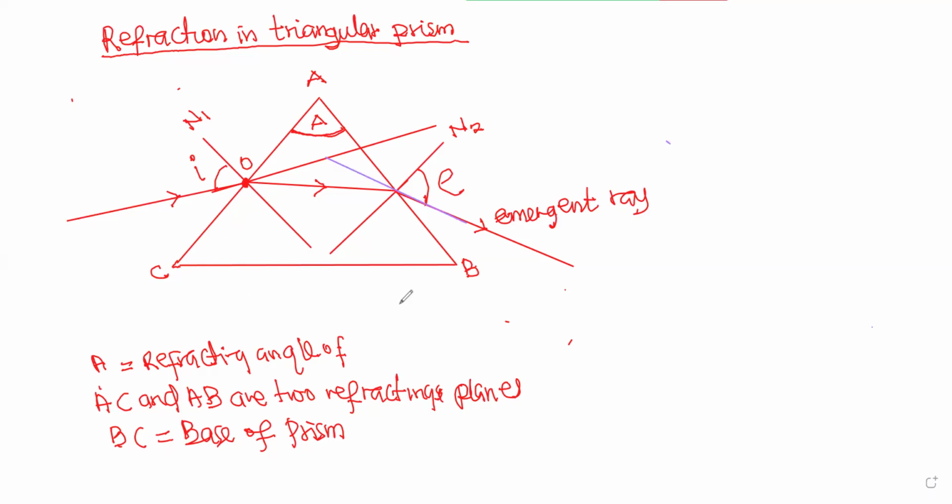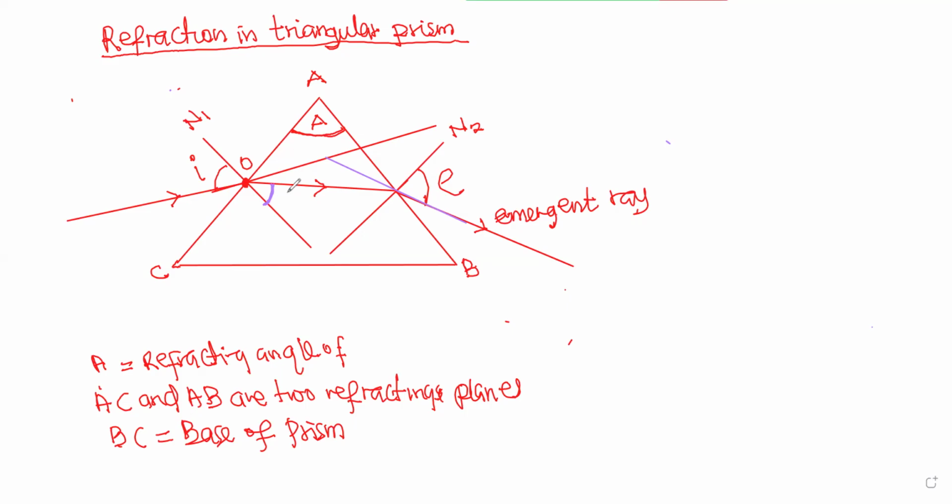So to the first plane AC, what is this angle? Can somebody tell me what this angle is? Angle of refraction. Good. Don't forget, the angle of refraction is the angle from the normal to the refracted ray.